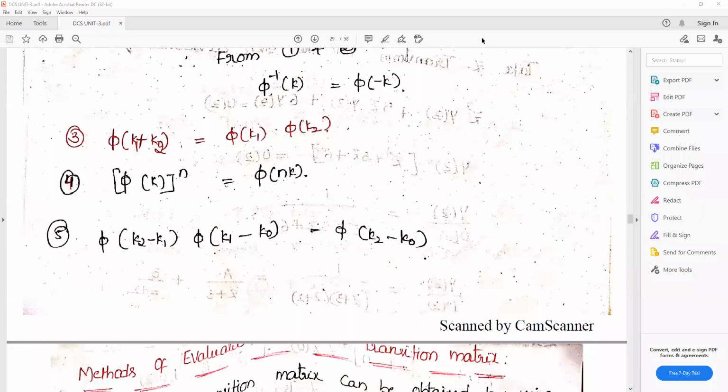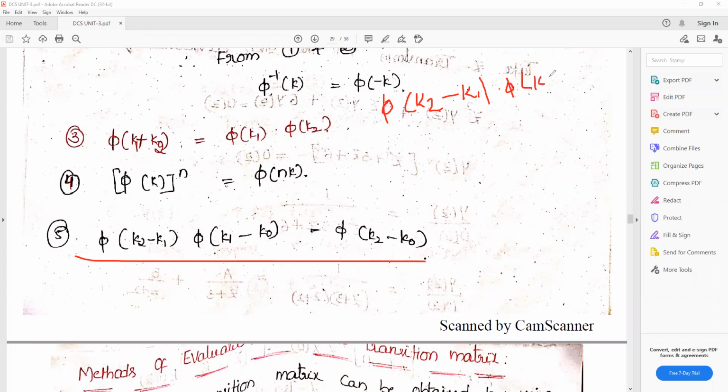So the fifth property: phi of k2 minus k1 into phi of k1 minus k0 is, first, phi of k2 minus k1 is a power k2 minus k1, into a power k1 minus k0.